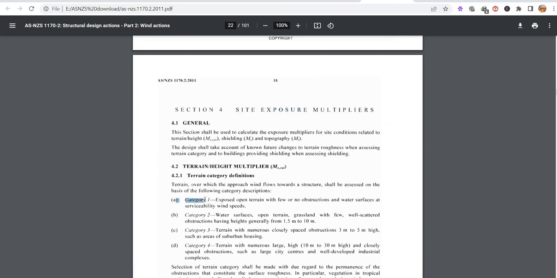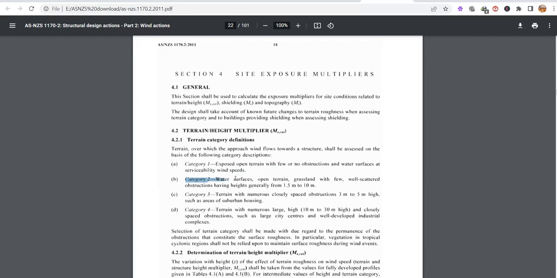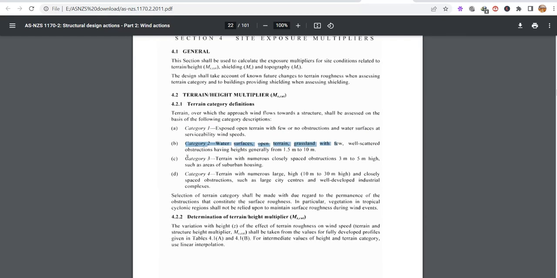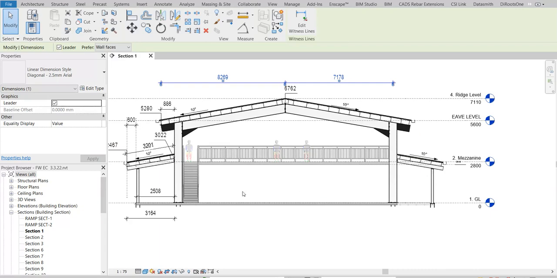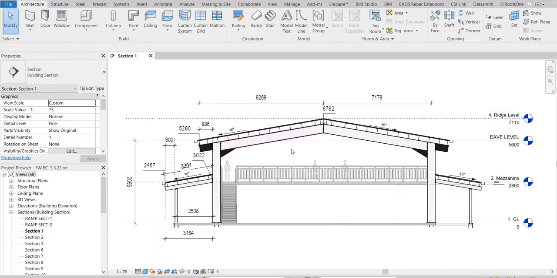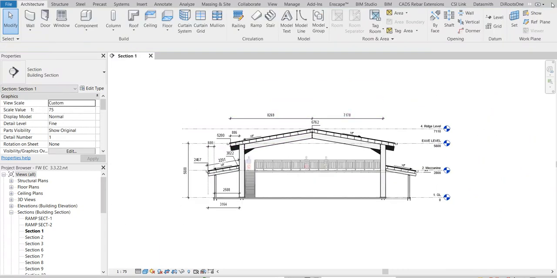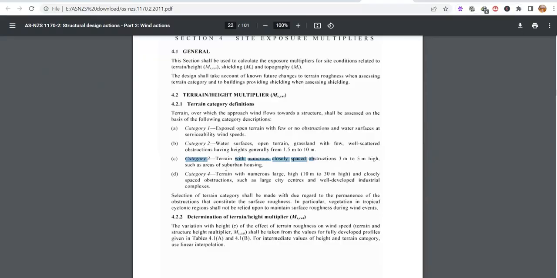Terrain category 1 is exposed open terrain with few or no obstruction and water surfaces, no. Terrain category 2 is water surfaces, open terrain, grassland with few obstructions, no. I'm going for terrain category 3 with numerous closely spaced obstructions, because this building is located in the middle of the community, far from the sea, so there is no open water surface. So I'm going for terrain category 3, which I've noted down here.